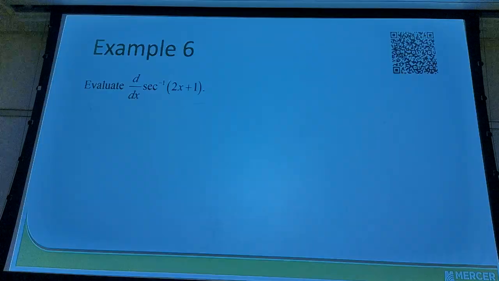Ah, good. Secant. Inverse secant. That is the inverse secant rule. What are we taking the inverse secant of?